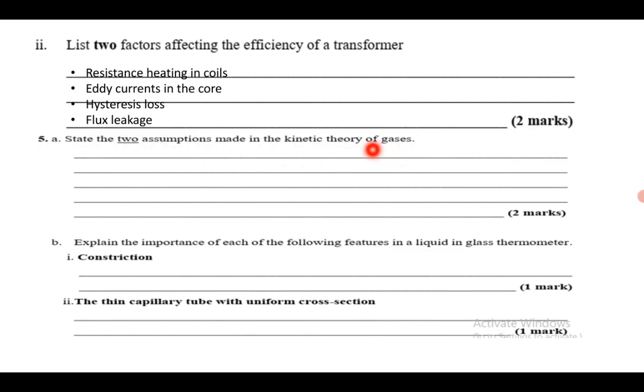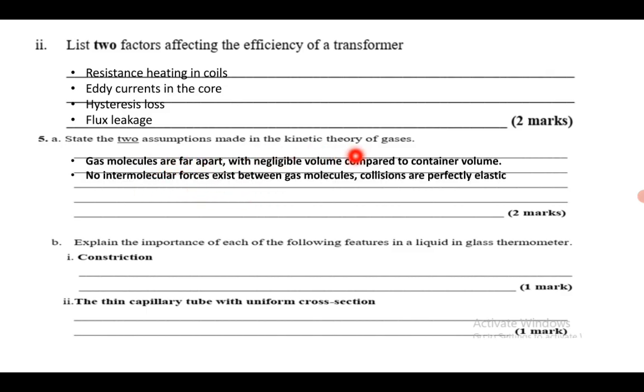So for the theory to hold, or to make sense, there are some assumptions that need to be put straight. Okay, so the assumptions upon which this is made are that gas molecules are far apart. We assume that they don't come together, they don't stick to each other. So they occupy a negligible volume compared to the volume of the container.